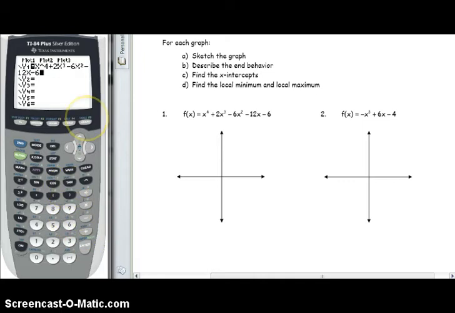So let's graph that and see what that looks like. Ooh, I'm missing a bottom part of the graph, so what I'm going to do is make my y min a little bit smaller so that way I can see. I'm just going to guess, maybe do negative 30. So that way I could see it. This is more of a guess and check.